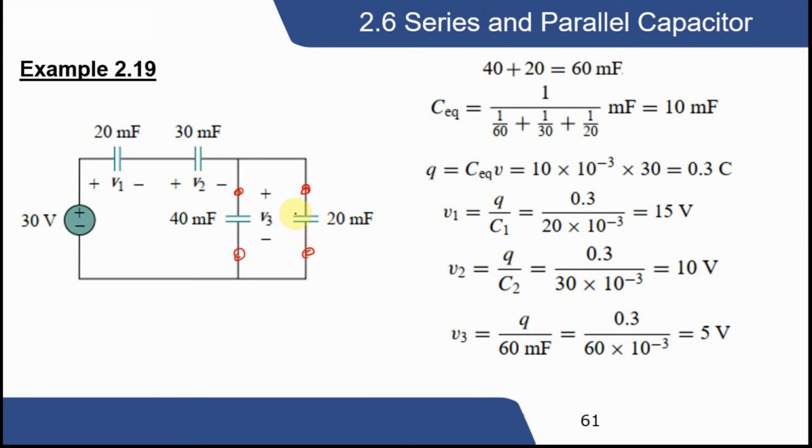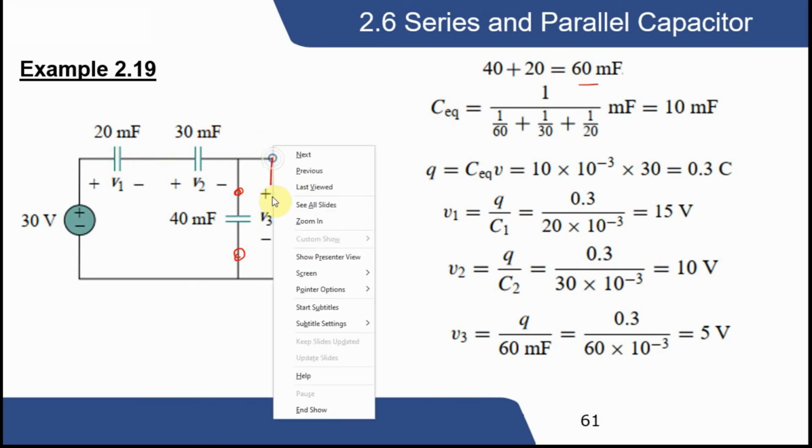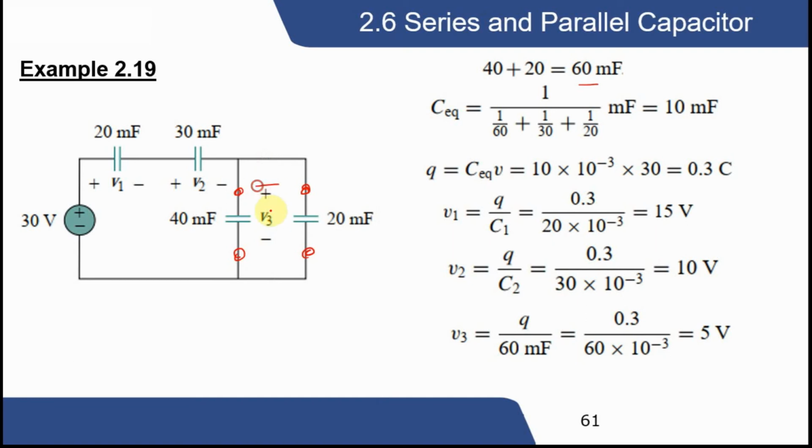When we have parallel capacitance we just add: 20 plus 40 is 60, and then they all become series. The equivalent of these two comes here, so this all becomes 3.